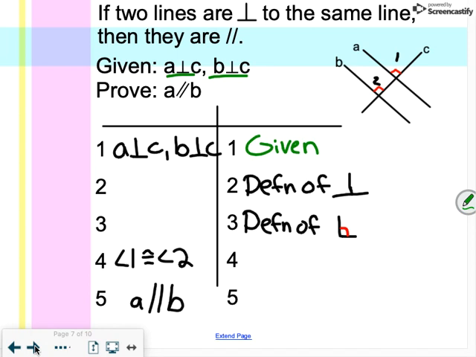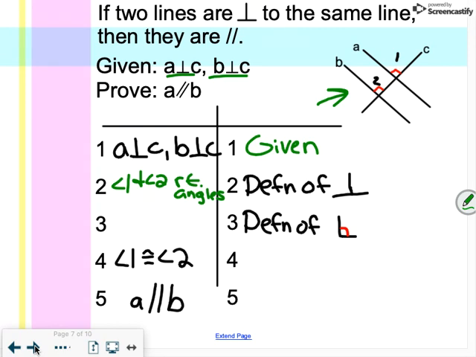Well, if we look at those numbered angles in our picture over here, we can say angle 1 and angle 2 are right angles. They are right angles because that's what it means to be perpendicular. That means those lines cross at right angles.